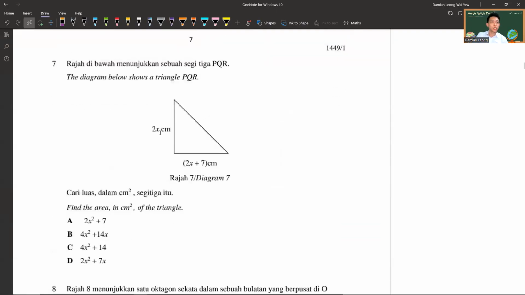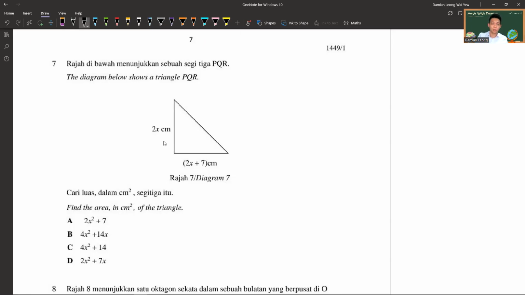Then we look at question 7. The diagram shows a triangle PQR. Find the area in cm square of the triangle. So 2x squared plus 7 to 4x squared plus 14x.